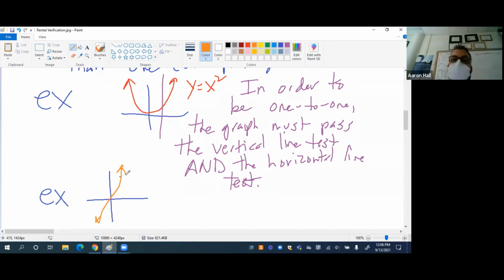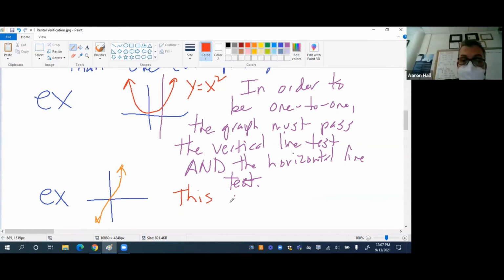It's not going to violate the vertical line test. Is it one-to-one? Yes. It's also one-to-one. It passes both. I can do a vertical line test and only pass any given point once. I can also do a horizontal line test and see that any horizontal line only crosses the graph no more than one time. So this is one-to-one.